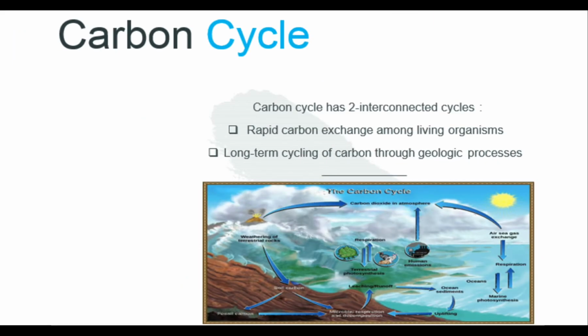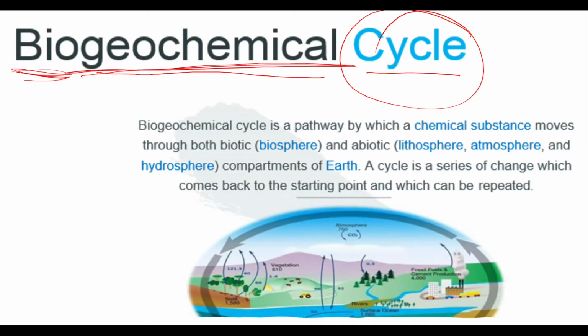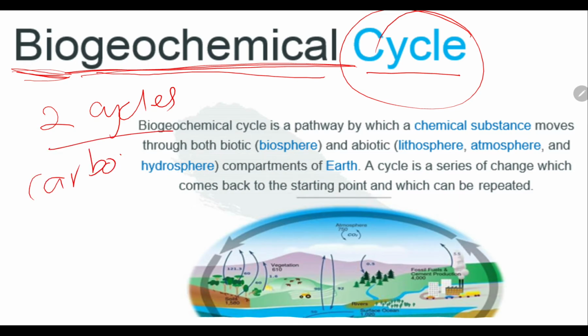So there are a lot of biogeochemical cycles, and I know that you have covered these cycles in other subjects as well. So in this part, we're going to have a look at two cycles only, which are the carbon cycle and also the nitrogen cycle.